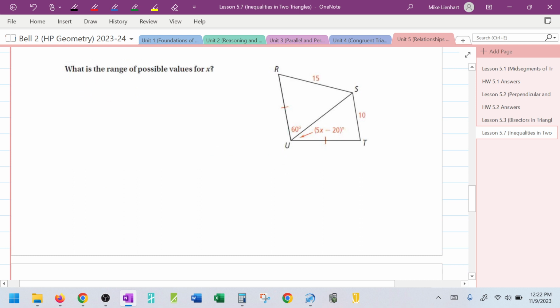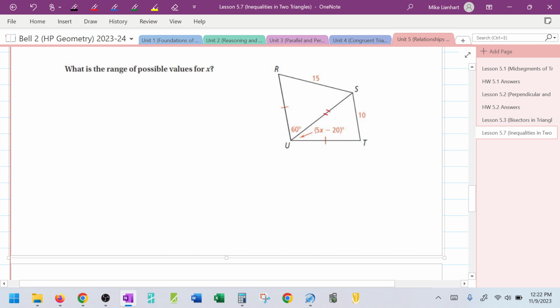A couple of things on this problem. First of all, do we have this side-angle-side scenario? We have a side congruent to its side, a shared side congruent to itself, and a pair of angles in between. This is our side-angle-side scenario. I look to the sides opposite.